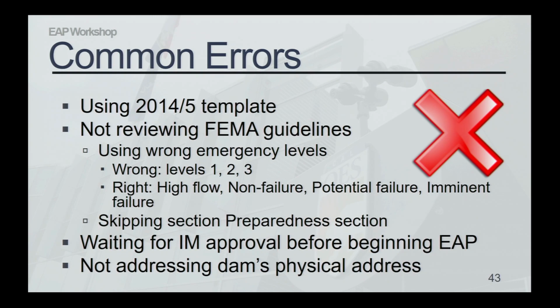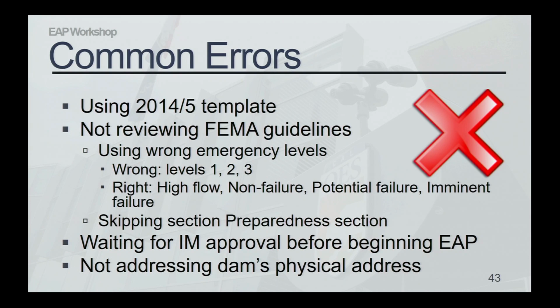I do recommend reviewing the FEMA guidelines. Two of the major things that we see incorrect in an EAP are using the old template and not reviewing the FEMA guidelines, and using the wrong emergency levels. FEMA guidelines specify 4 levels. Another error is skipping the preparedness section in the FEMA guidelines.